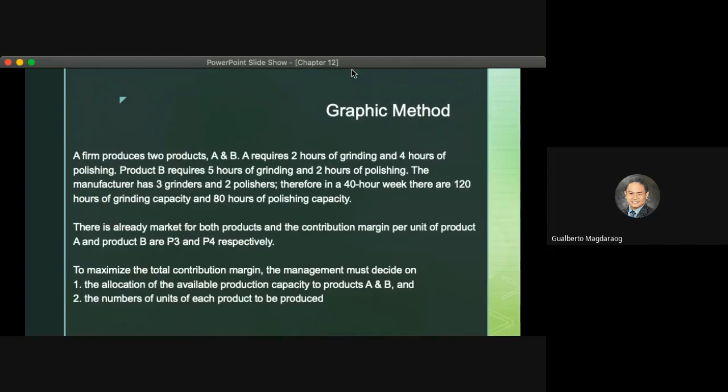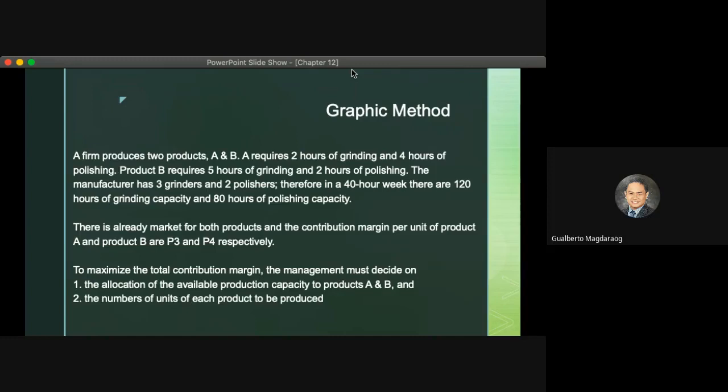Okay, we'll go for the graphic method first. In graphic method, you need to use a special paper, yung ginagamit sa math, yung maraming square, graphing paper.